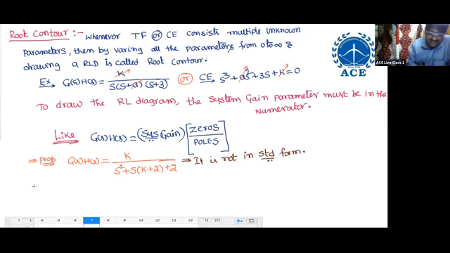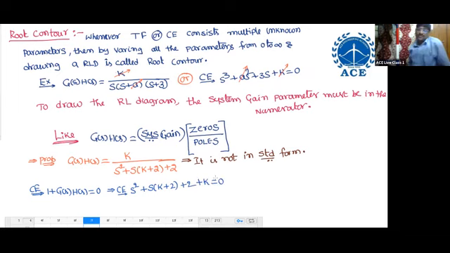First you have to write the characteristic equation. 1 plus G of S, H of S equal to 0. So now tell what is the characteristic equation. If you simply take the numerator K and add it in the denominator, you will get S square plus S into K plus 2, plus K equal to 0.